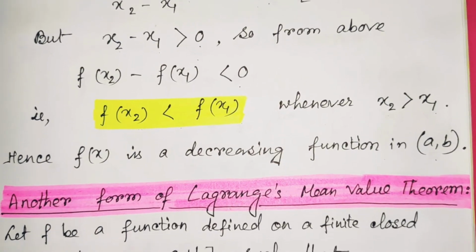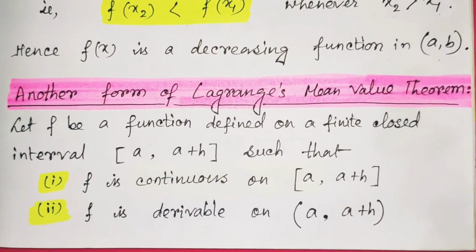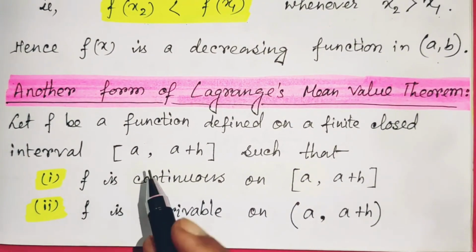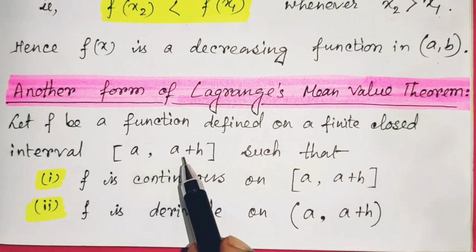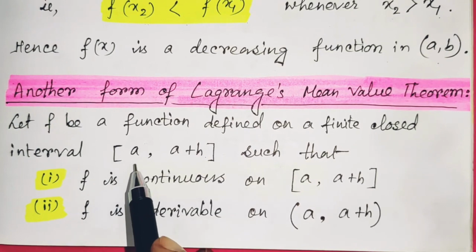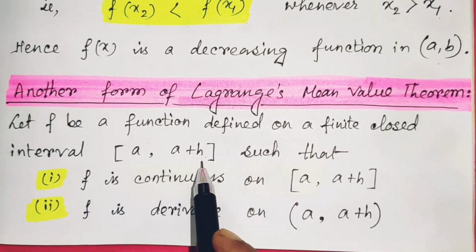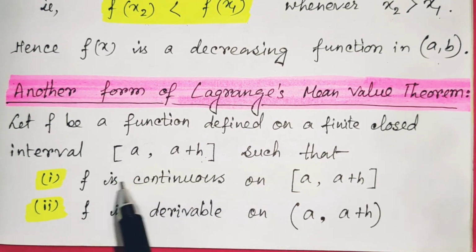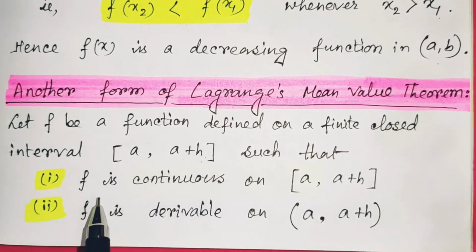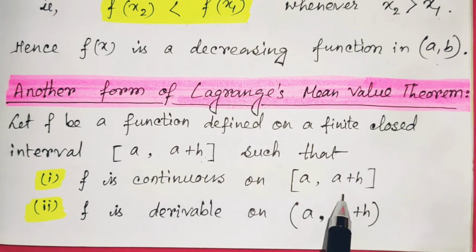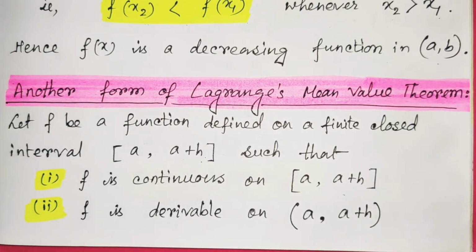What is that form? That is actually nothing very special, but just changing the interval. Previously, we started from the interval a comma b. Now, we have changed the interval to a comma a plus h. So, just the interval is changed and the rest is the same. Then what happened? F is continuous within this closed interval. F is differentiable on the open interval a comma a plus h.